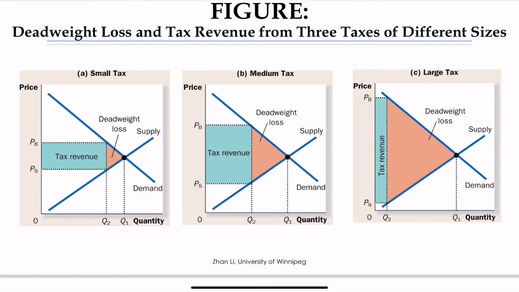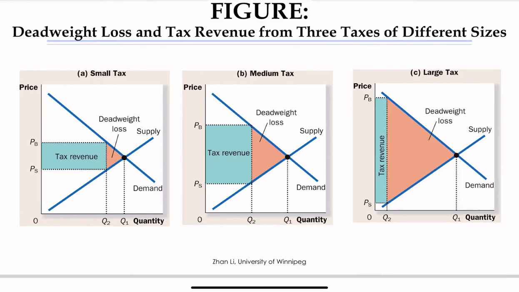Now let's look at how tax revenue will change. A naive thinking would be like this. Well, if you increase tax, then tax revenue should always increase. But this is incorrect. If you look at graph A, you can see that we have a small tax revenue because the size of the tax is small. After we move to graph B, you can see that with the medium tax, tax revenue becomes larger.